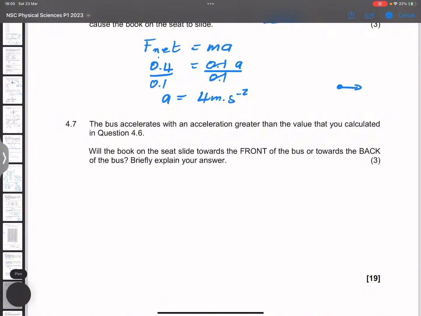So in this case, it would go to the back of the bus. Okay, but why is that? Because remember that the net force, now we're not talking about the net force on the bus, we're talking about the net force on the book.